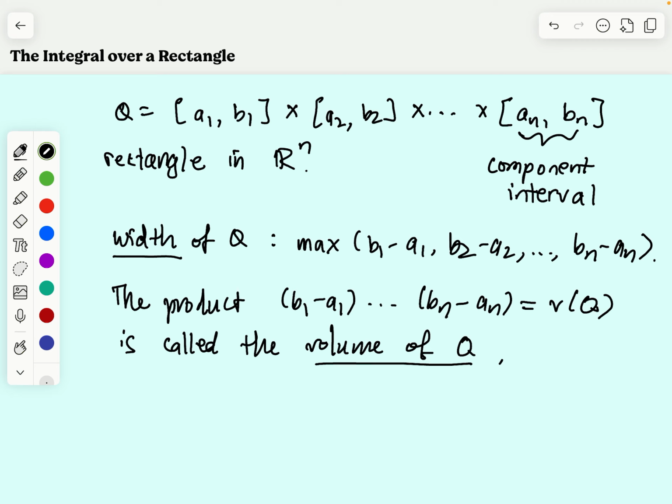And if you have R2, then you just have a rectangle in R2, and the area is the volume. And so the volume is a more general notion than the length and area, right? The length and area are examples of volume.